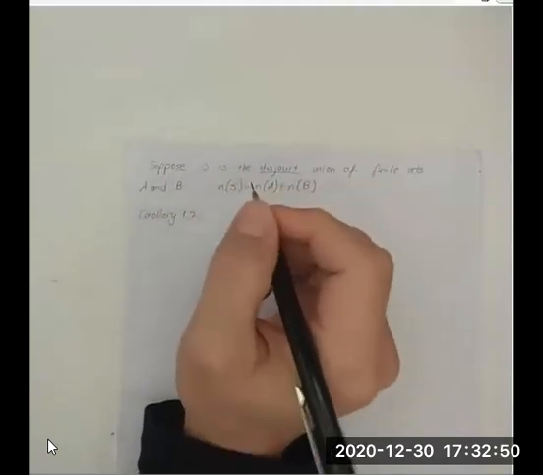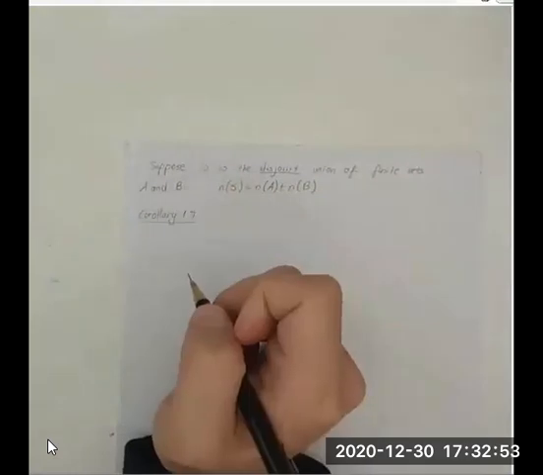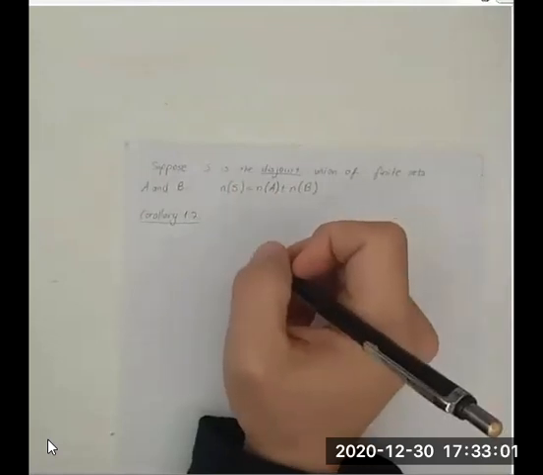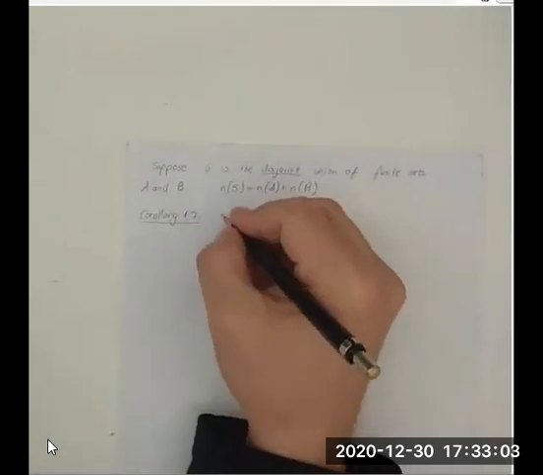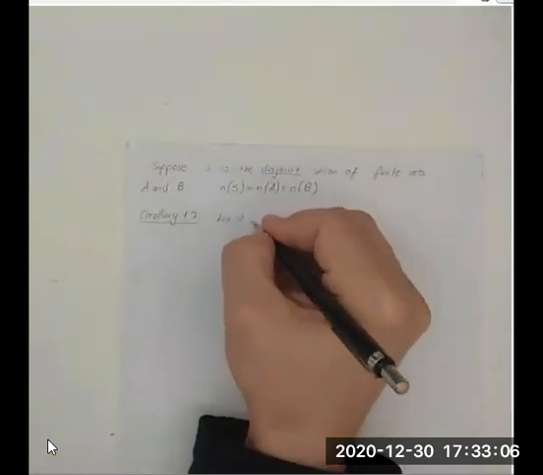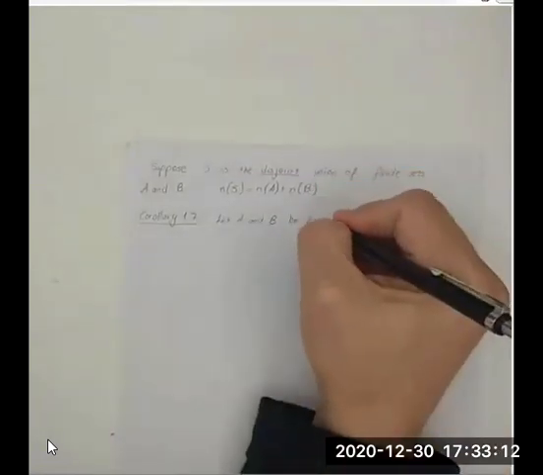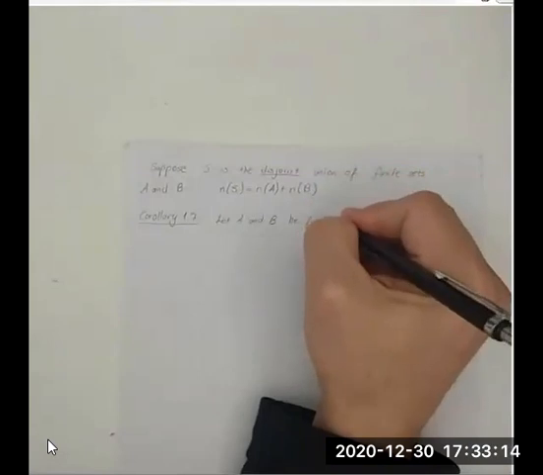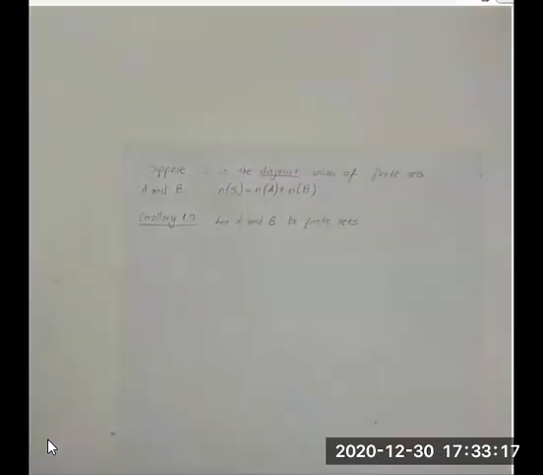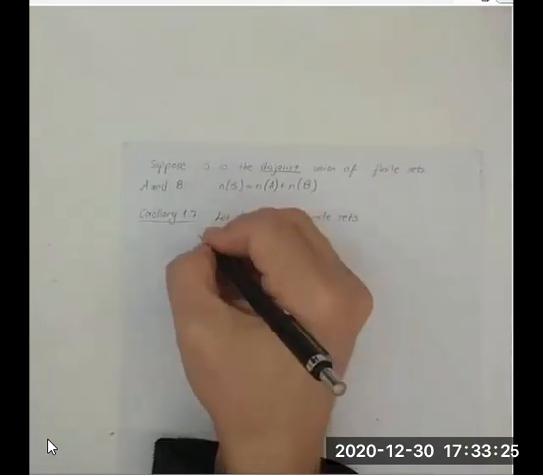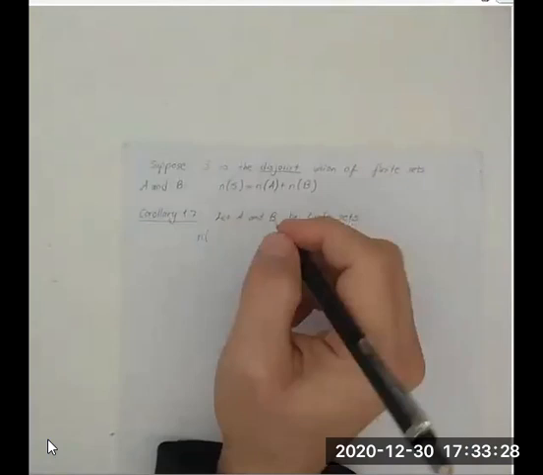Let A and B be finite sets. This is an important part.